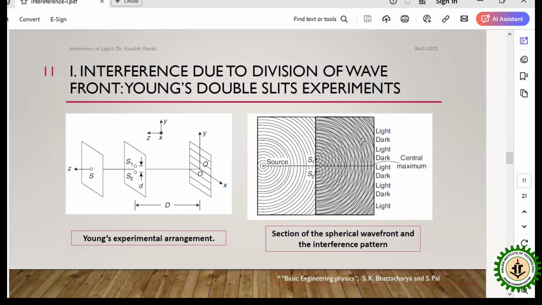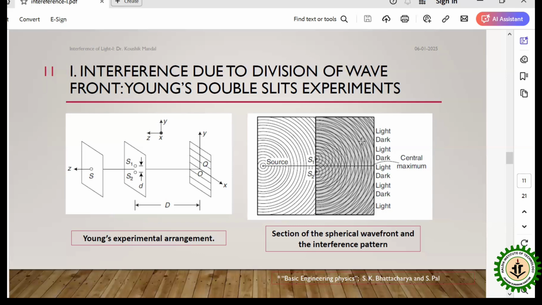S is a point source, light coming from the source S, and in front of the source you can put one sheet with two small pores, right? S1 and S2, small slits. Light will pass through these two slits and interfere with each other. And if we put one screen in the XY plane, we can have alternate dark and bright patches on the screen. So why is it happening?